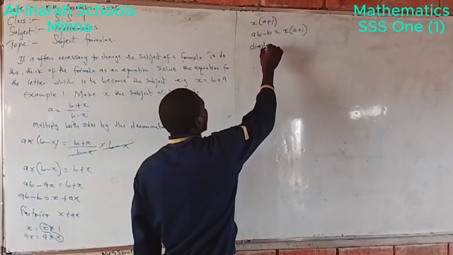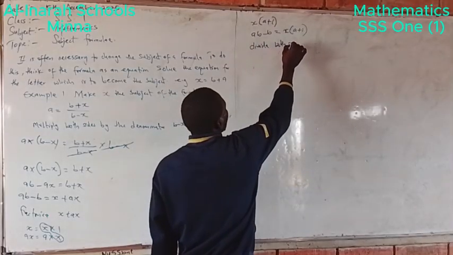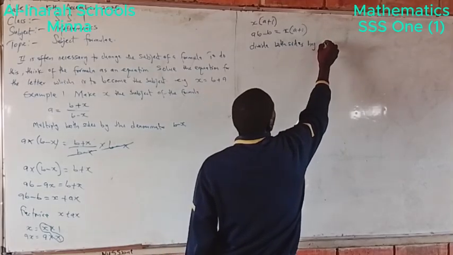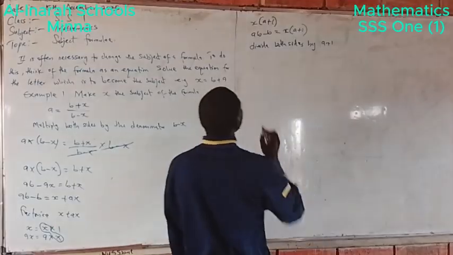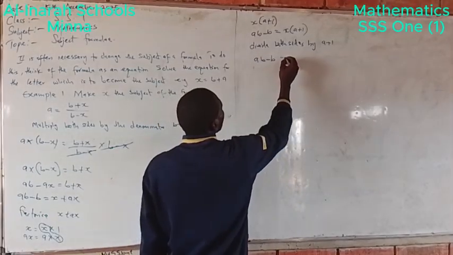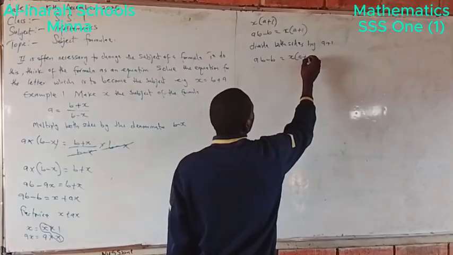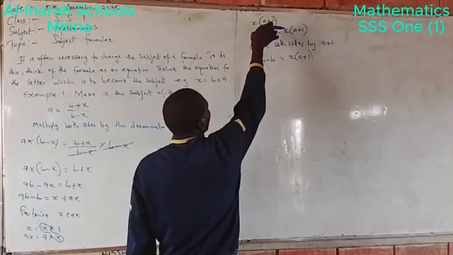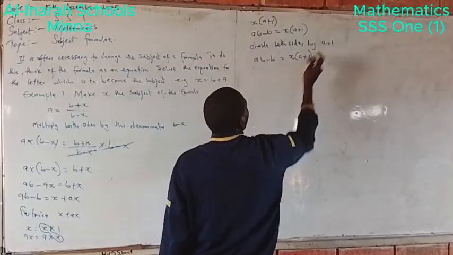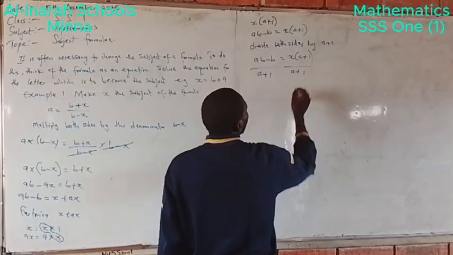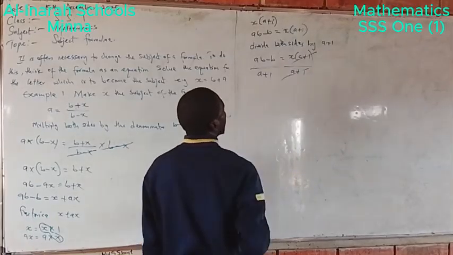Divide both sides by a plus 1. Since we have to divide both sides, we have two sides, and we divide both by a plus 1 over a plus 1. This a plus 1 will cancel a plus 1.